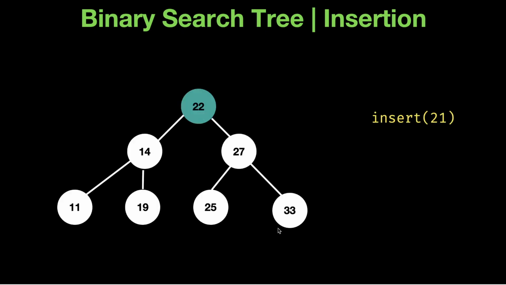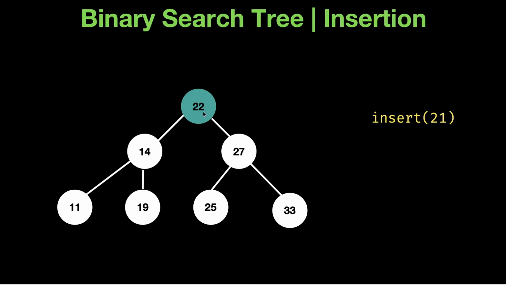Okay, let us see an example with insertion of 21. So this is the binary search tree given to us, and we want to insert 21 into this binary search tree. So first of all we will see, is this node equal to 21? If yes, then we would have to return or raise the error that a duplicate key is found, right? But no. So we will see if it is greater than or less than 21.